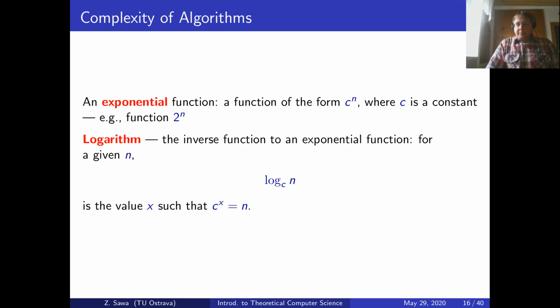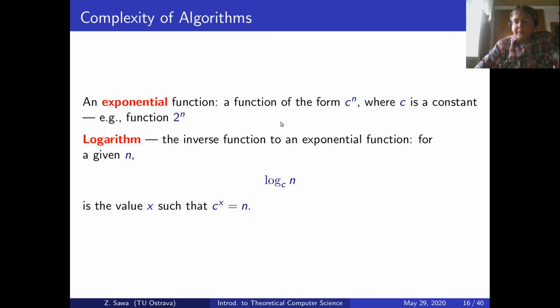It quite often happens that some functions we analyze in time complexity or space complexity are polynomial, and other kinds of functions that often occur are exponential functions and logarithmic functions.